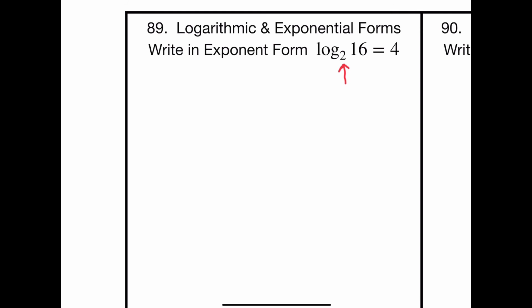That's going to form the base of the exponential form. I'm going to take the base 2 and I'm going to raise it to the 4th power, and that will be equal to 16. And so the log form, log base 2 of 16 equals 4, in exponential form would be written 2 to the 4th equals 16.